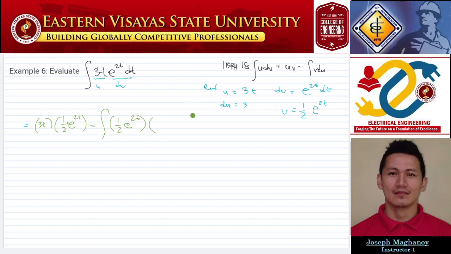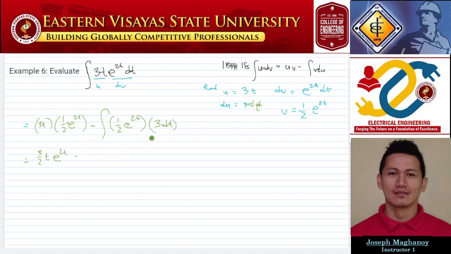What is your du? That is 3 dt. Okay, so simplify. 3 times 1/2, that would be 3/2 t e to the 2t.